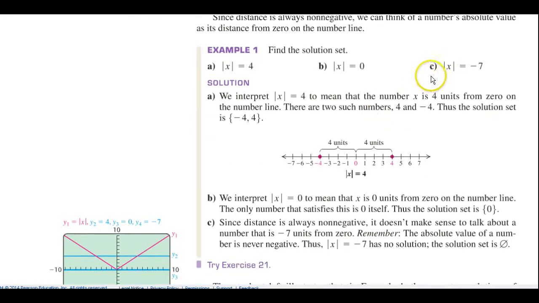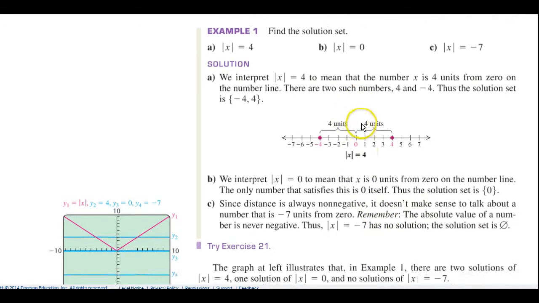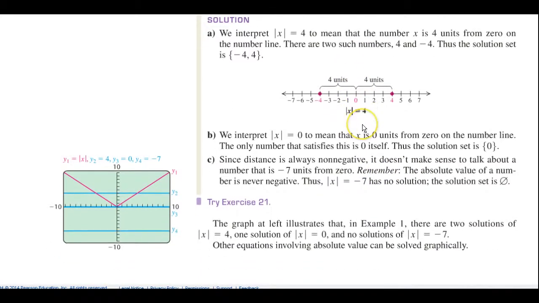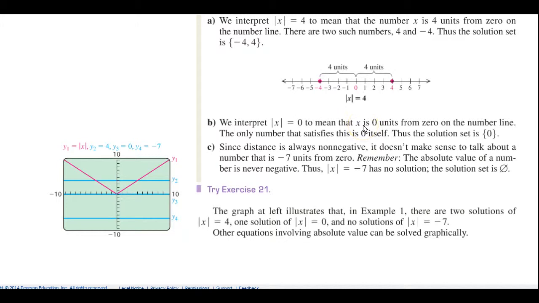Now, letter C is a little tricky, because didn't we just say that the absolute value of something is always positive? So for something like this, there is no solution because that cannot be true. Okay? So again, in your textbook, the answers are given there.